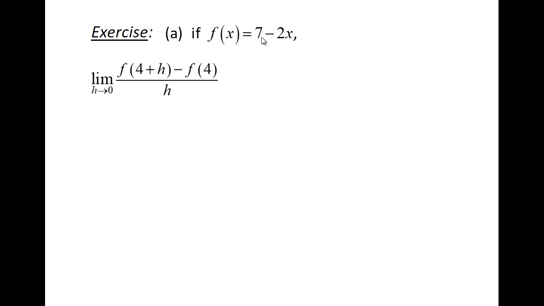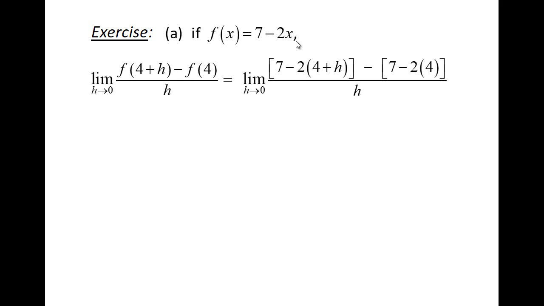Given the input, the output is 7 minus 2 times the input. Well, if the input is 4 plus h, then what would be the output? If the input is 4 plus h, then the output would be 7 minus 2 times the input 4 plus h. So you get 7 minus 2 times the input 4 plus h, minus f of 4 would be 7 minus 2 times 4. So divided by h here.